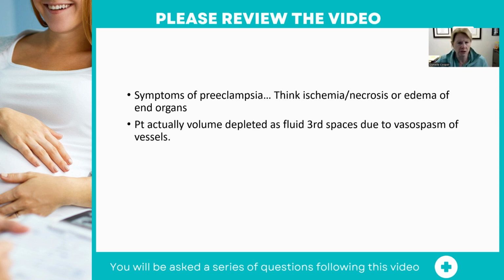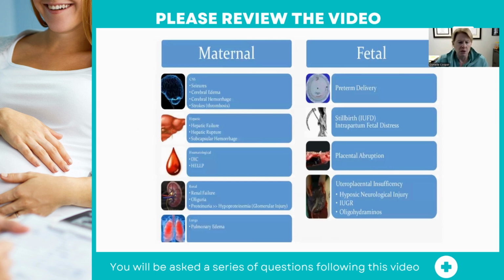So in mom, some of the things we can see: seizure activity, of course, is eclampsia, and cerebral edema that can actually lead to blindness. We've seen this a couple of times. It is not fun when you see that. Cerebral hemorrhage, we've got to maintain their blood pressures and keep them out of stroke range. But those severe range pressures can hemorrhage into that vascular space so fast.